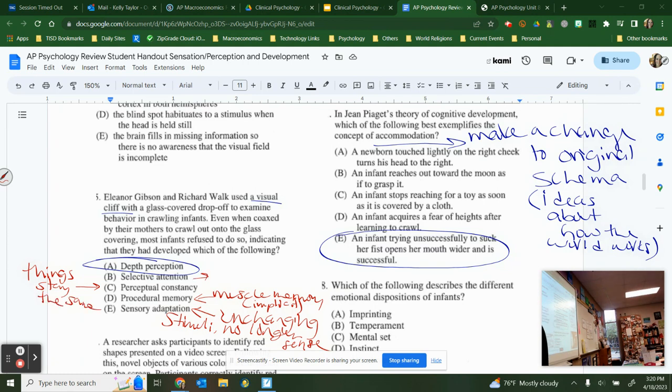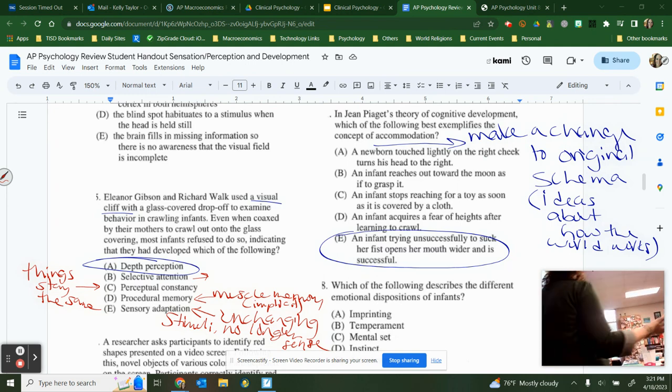Anyone remember what selective attention is? The cocktail party effect. So, I'm so intrigued in this conversation that Abby and I are having that I don't even realize, like, oh my gosh, did you see the people? They got in a fight right next to you. There was a fight? Are you kidding me? I was having such a good conversation that I was so focused on selecting my attention on that thing that I missed things around me.